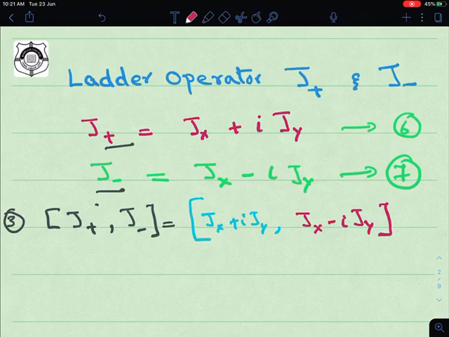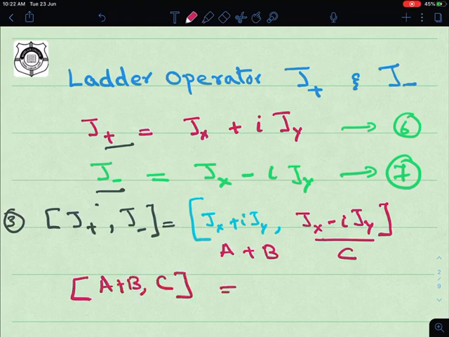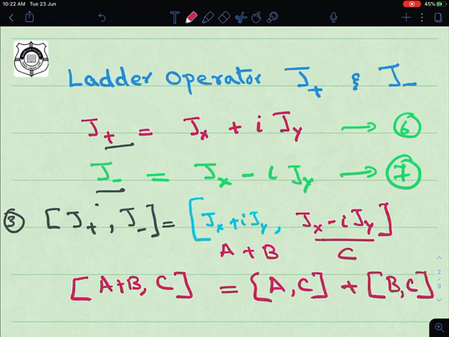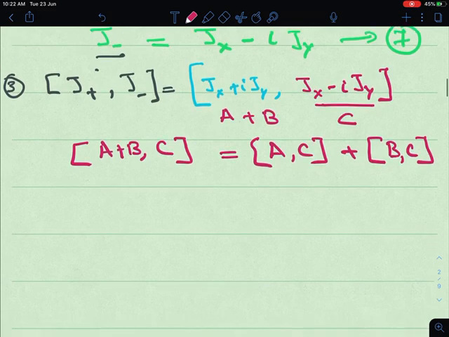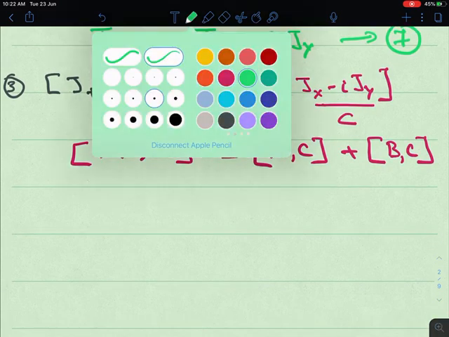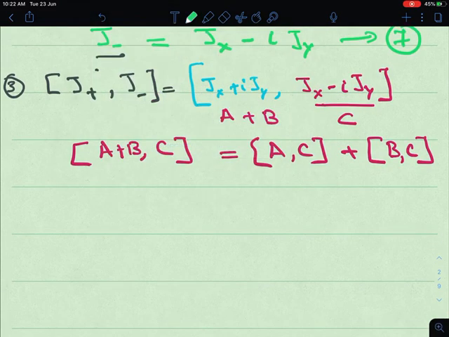For the form [a plus b, c], we use [a plus b, c] equal to [a, c] plus [b, c]. So we'll just do it.